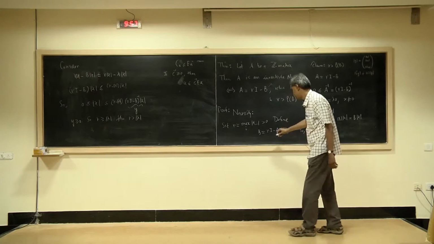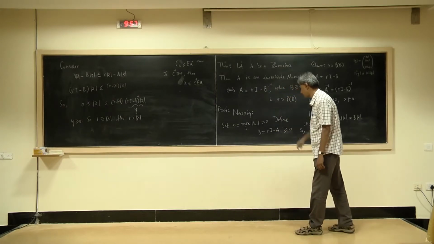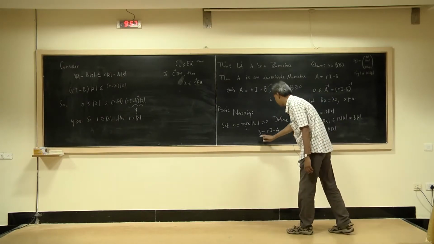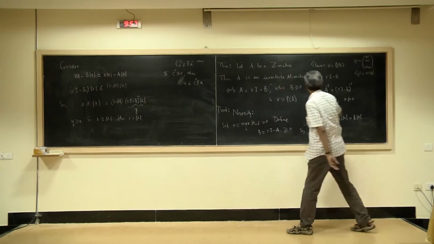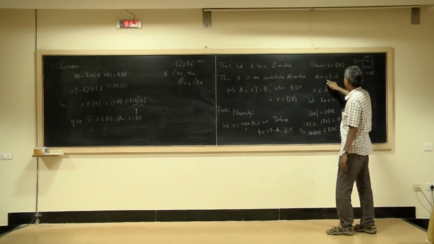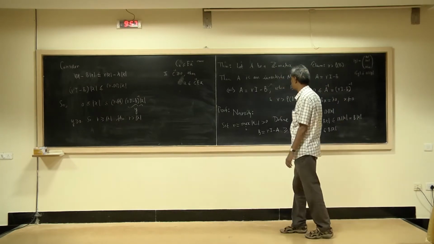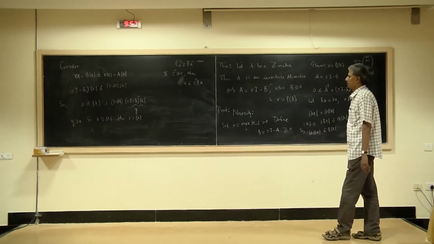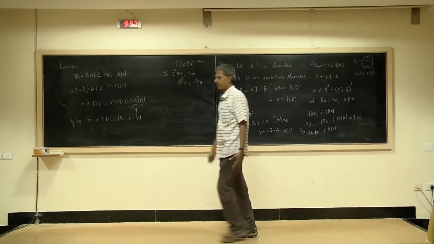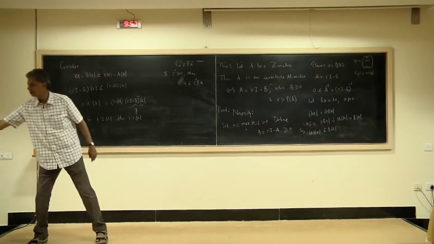That is, if A is an invertible M matrix, we have shown that A has this representation, and that this R is strictly greater than the spectral radius. So that's the necessity part. For the sufficiency part, we will use the Neumann expansion.